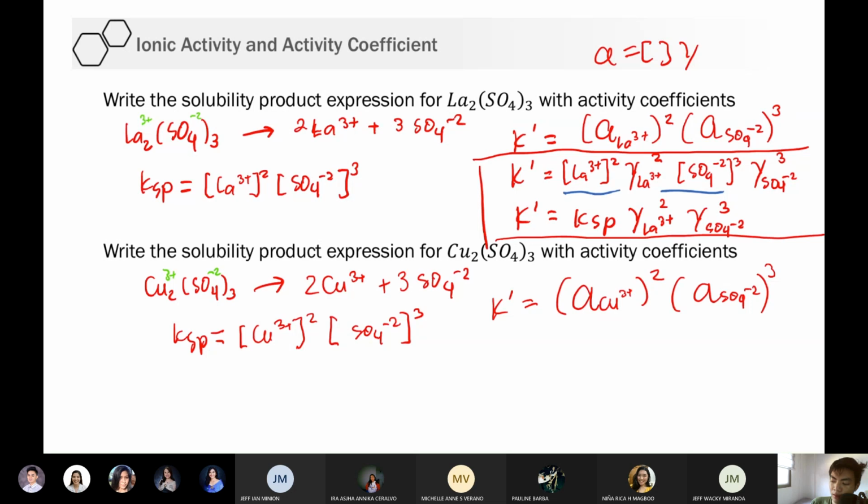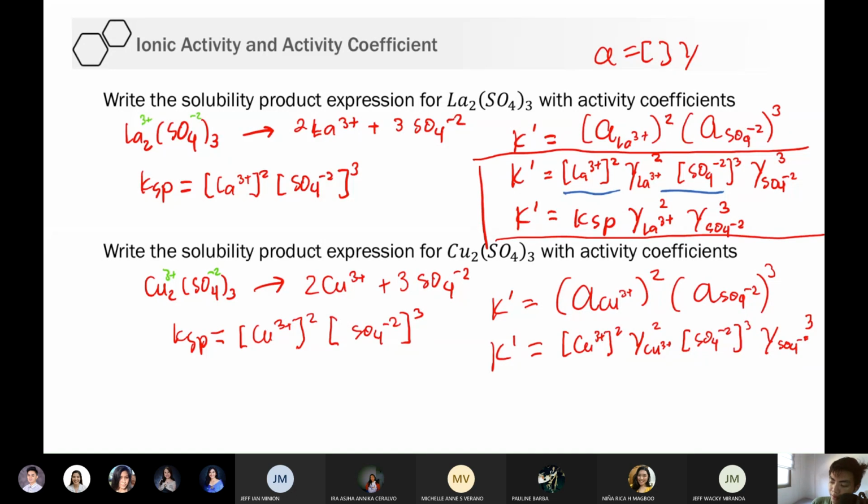Then we plug in the equation for activity, concentration times the activity coefficient, gamma. So we will get the concentration of copper 3 plus squared times gamma of copper 3 plus squared, and for sulfate, the concentration of sulfate cubed times the gamma of sulfate cubed.